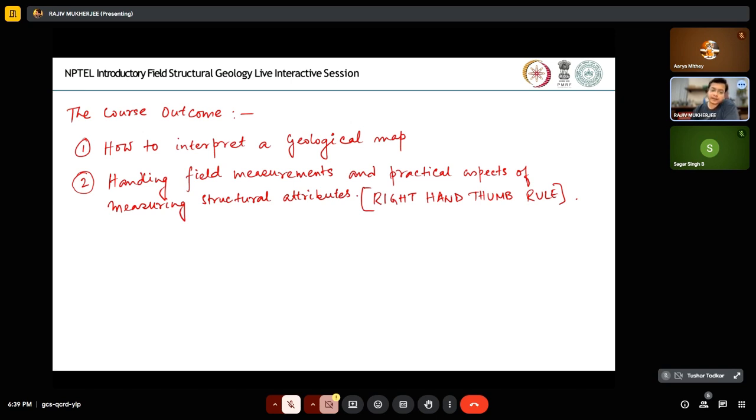So all of these things play a very important role while trying to delineate the structural features, and working smartly would save your time. And in that aspect, the right hand thumb rule for measuring the dip and strike orientation is very much helpful, right?